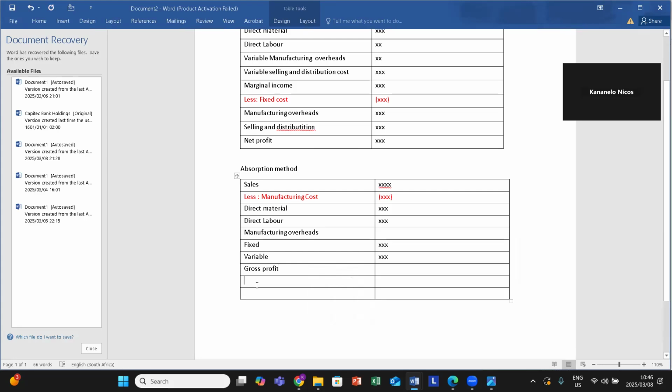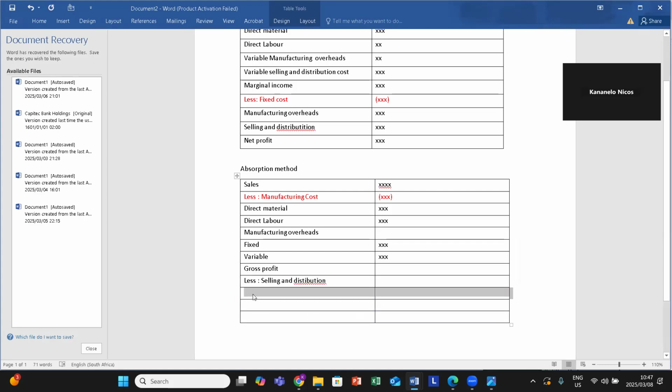And then after that, you're going to less your selling and distribution. Under the selling and distribution, you have your what? Now, selling and distribution, they are either fixed and variable.